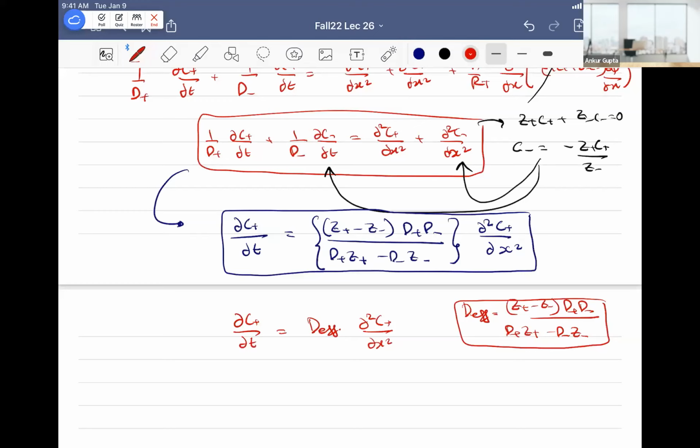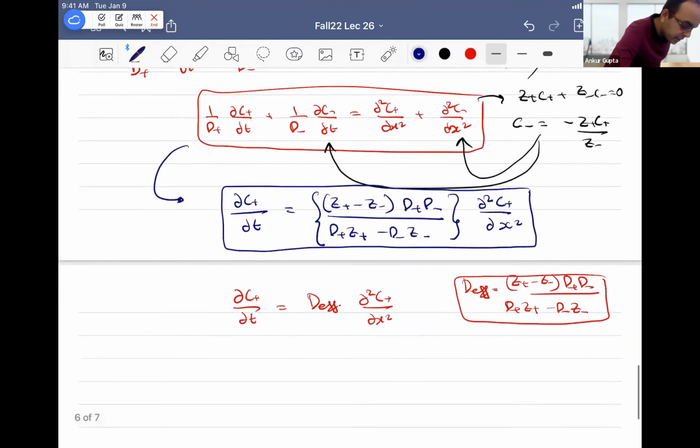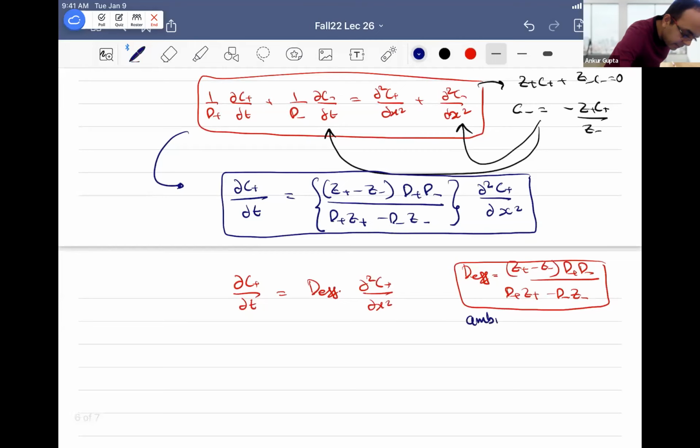This is called ambipolar diffusivity. If you read any of the text on electrolyte transport, ambipolar diffusivity is very commonly used. It's a beautiful result. It's basically saying that electrolyte transport is still like diffusive transport, but the diffusion coefficient is no longer its own diffusion coefficient. The two are sort of interacting, and that's why you're getting this.